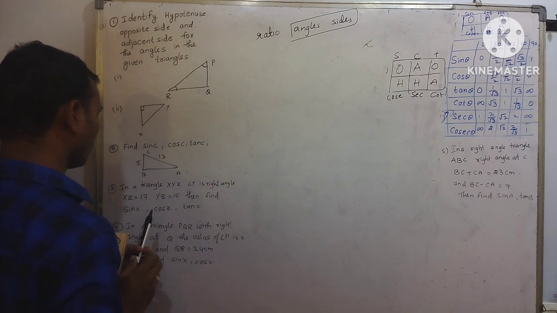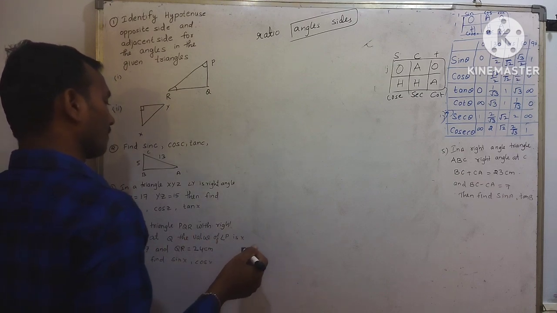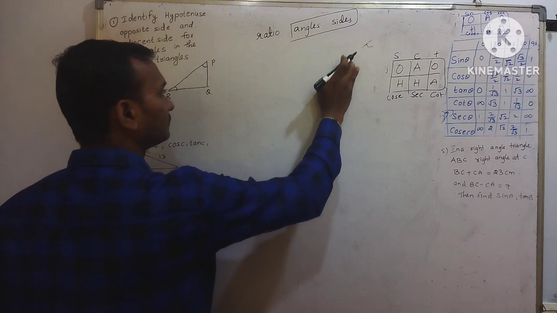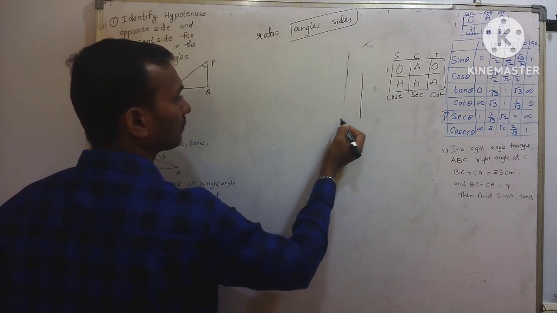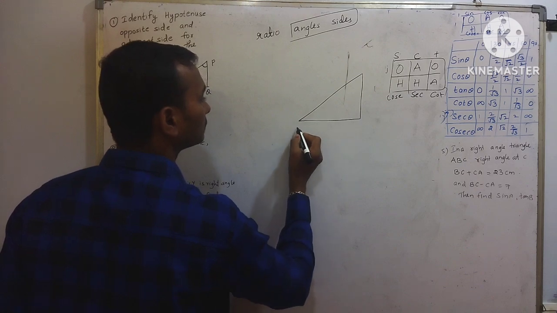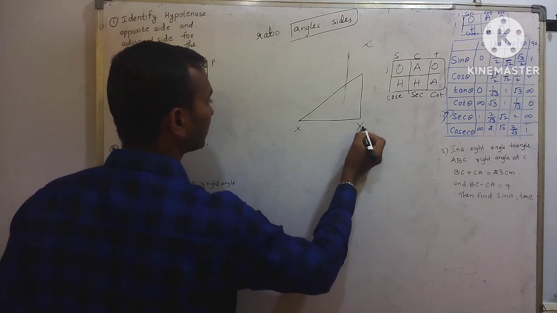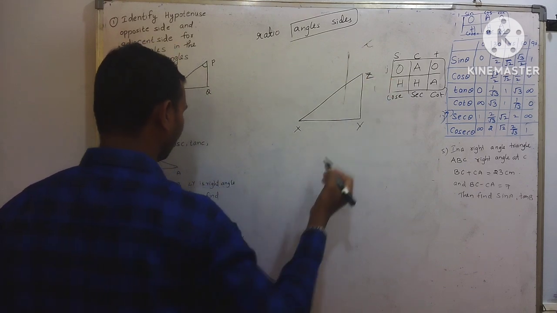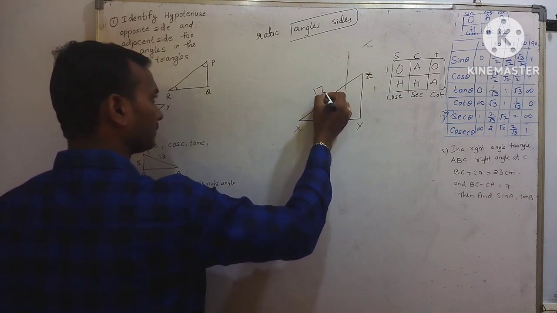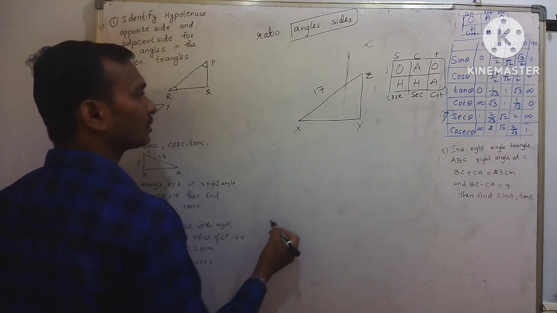One more similar model question. XYZ is a right angle triangle, right angle at Y. It is given XZ is equal to 17 and YZ is equal to 15.